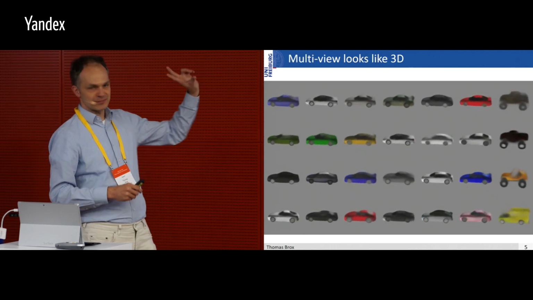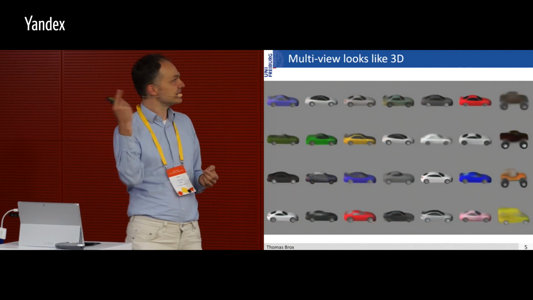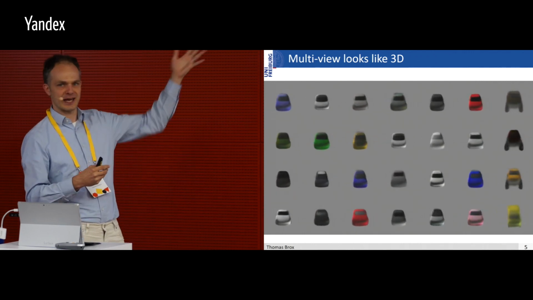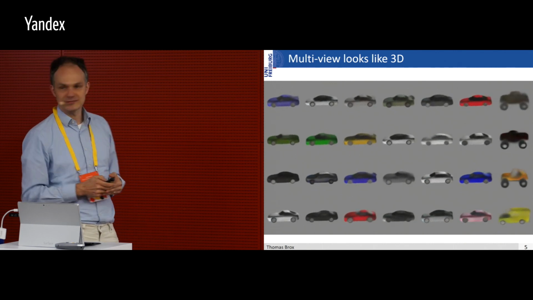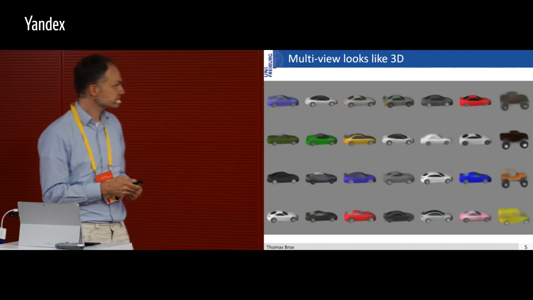And if you produce all these different views and you rotate the object, it looks like you have reconstructed a 3D model. So it looks pretty much like that, although there's nothing 3D in the output here.